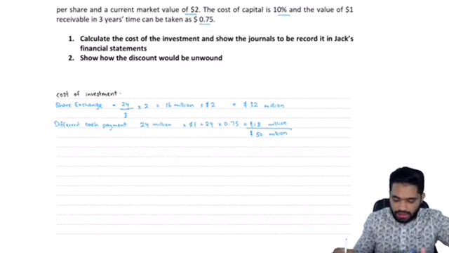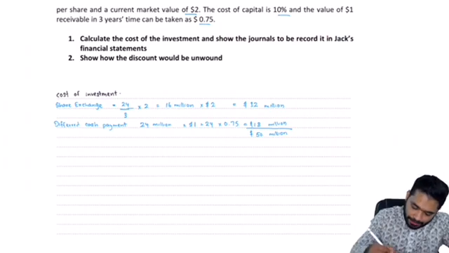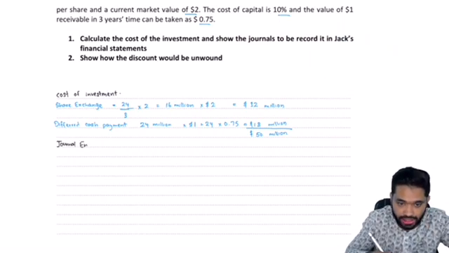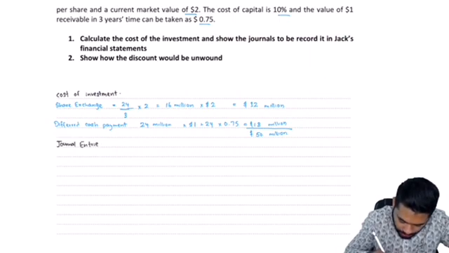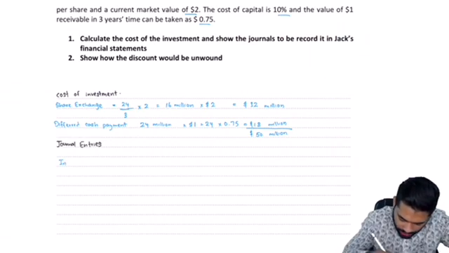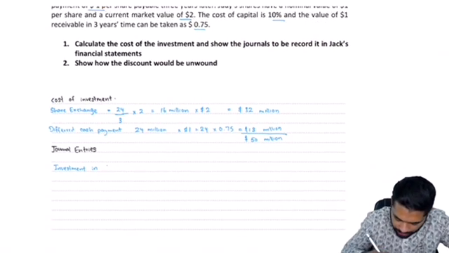So your double entries to record the investment, write your journal entries. Investment in Becky is going to be 50 million.